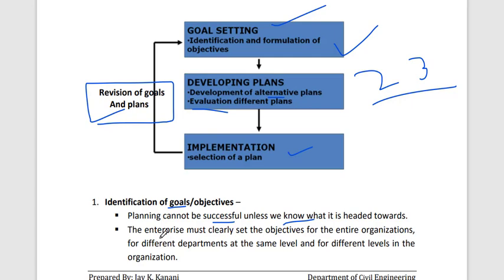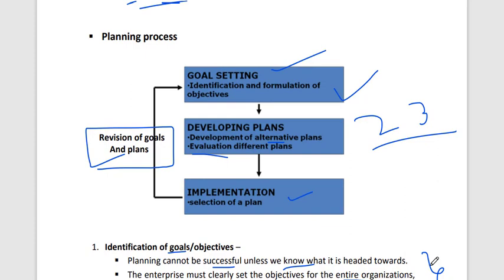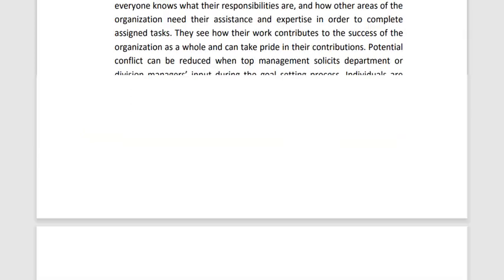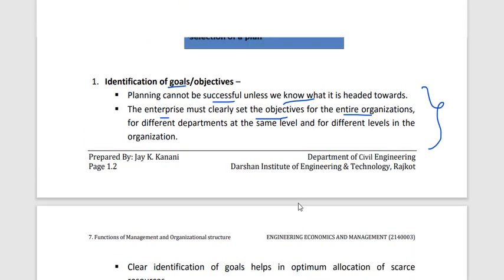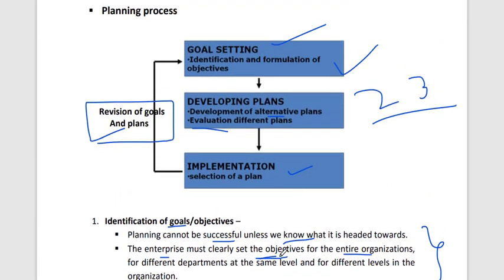The enterprise, company or organization must clearly set the objectives for the entire organization, for the different departments at the same level, and for the different levels in the organization.